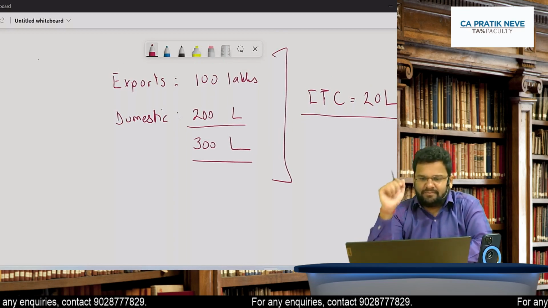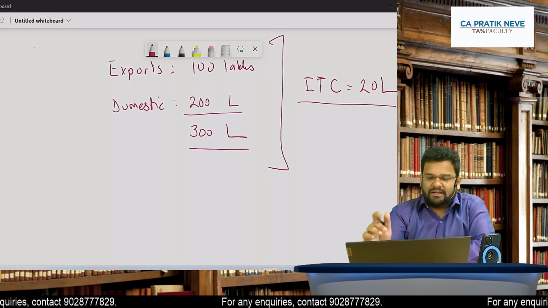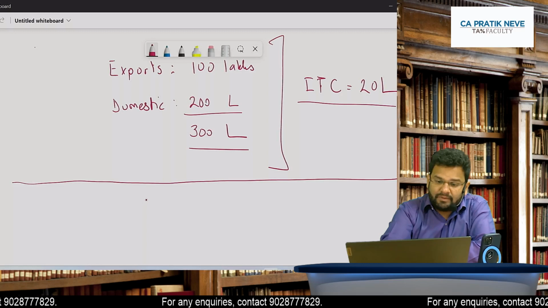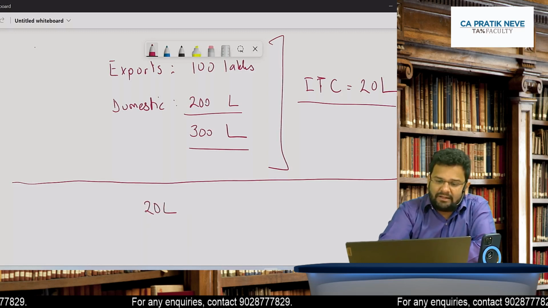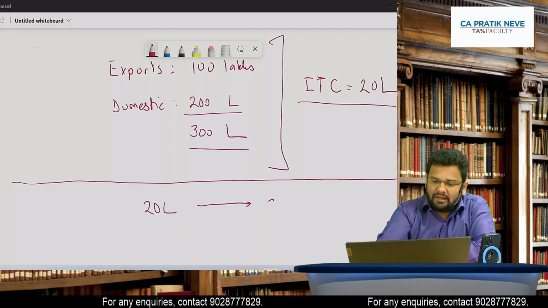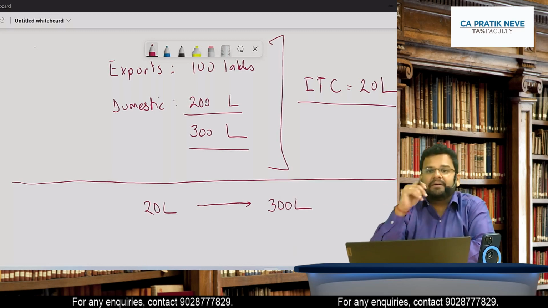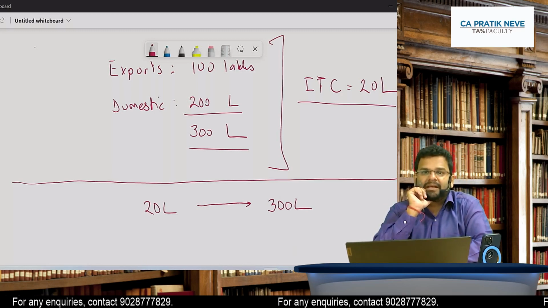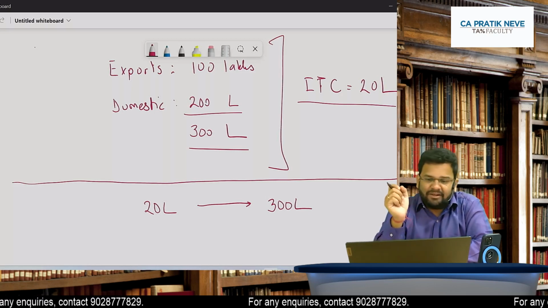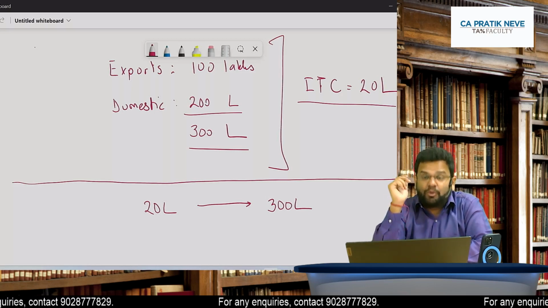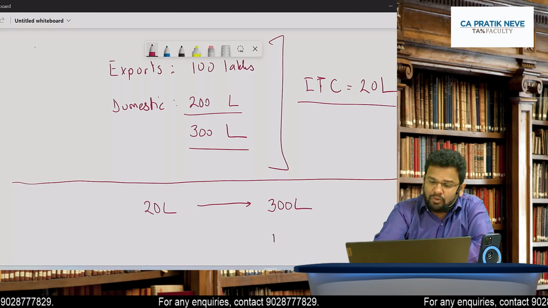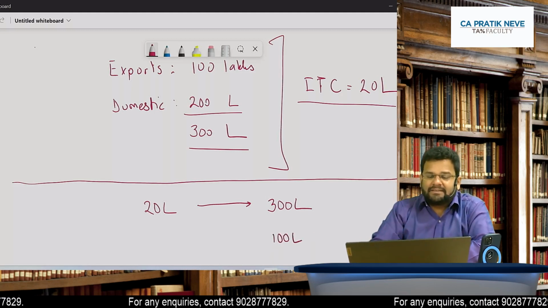So understand, what's the refund that he can claim maximum? How to understand it? 20 lakhs of ITC, do you agree, is for 300 lakhs of supply? Yes, no? So equivalent to supply of exports. What's the turnover of exports? 100 lakhs.